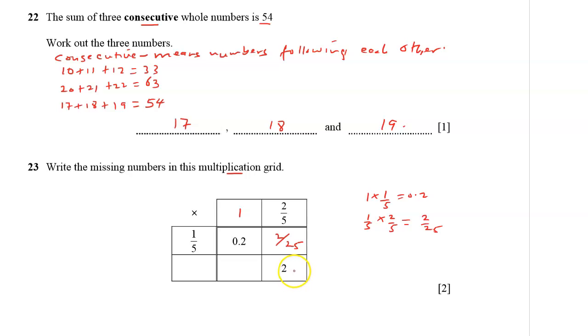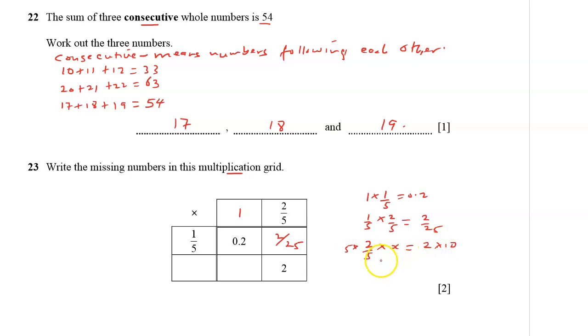Okay, we can use this 2. What do we need to multiply 2 over 5 by? 2 over 5 times x should give us 2. All right. So we can multiply both sides by 5.